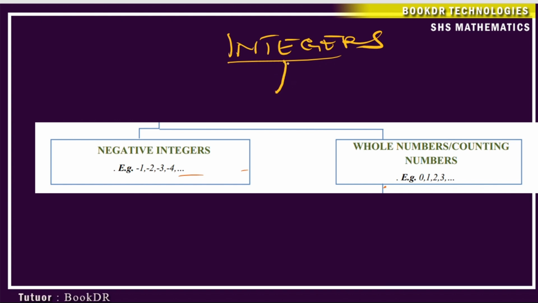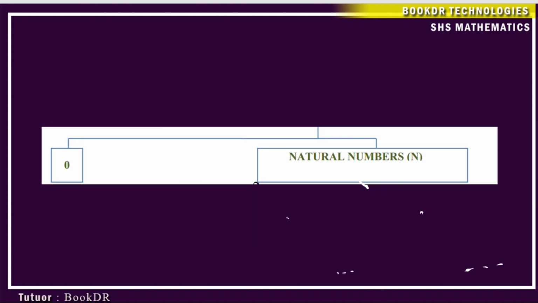Negative integers are numbers that are less than 0, and whole numbers are numbers that begin from 0 upwards: 0, 1, 2, 3, etc. Then we can group whole numbers broadly into two.